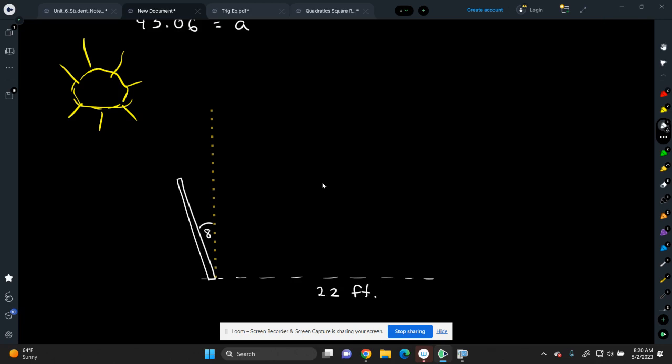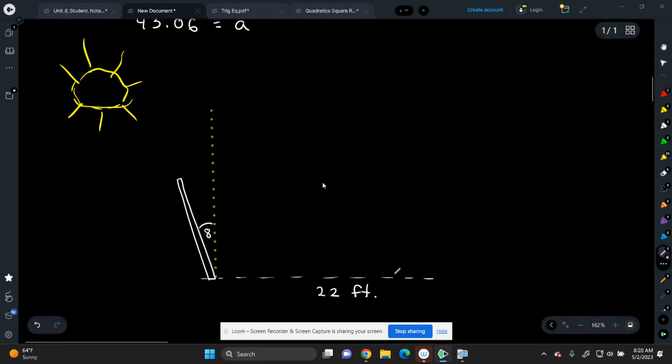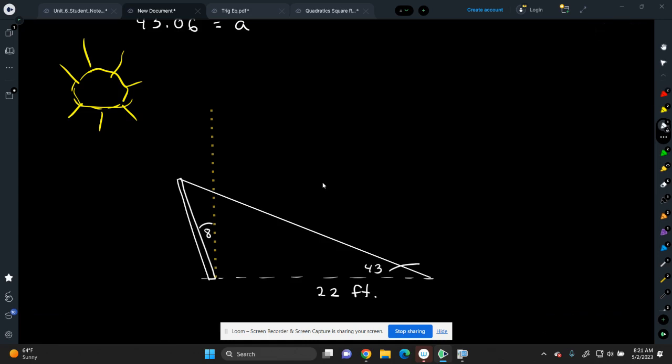The angle of elevation from the tip of the shadow to the top of the pole, so we're talking about this angle right here, is 43 degrees. How tall is the pole?